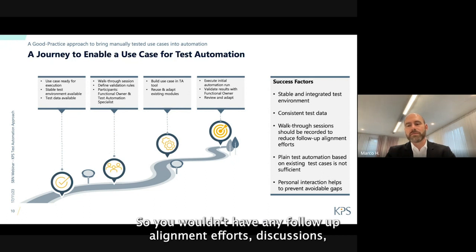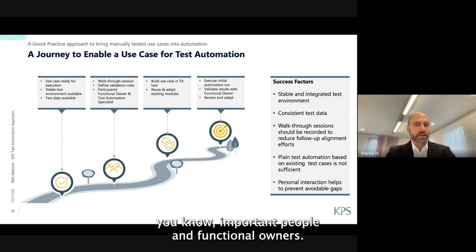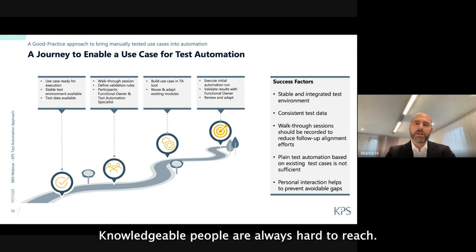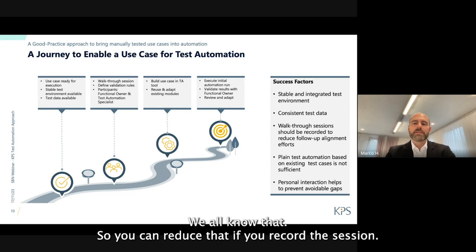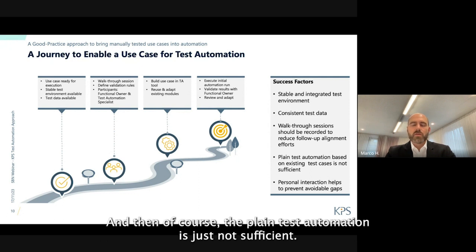So you wouldn't have any follow-up alignment efforts and discussions. Important people, functional owners, knowledgeable people are always hard to reach. Yeah, we all know that. So you can reduce that if you record the session. And then, of course, plain test automation is just not sufficient.